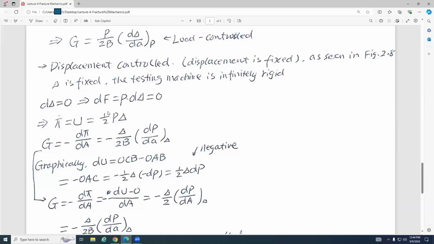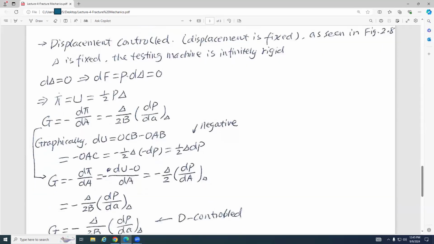After we get here, this is Π, and then we just take the derivative dΠ with respect to the capital A, and capital A here equals 2 lowercase ab. Keep in mind, because there is a d here, for P and delta, delta is constant.